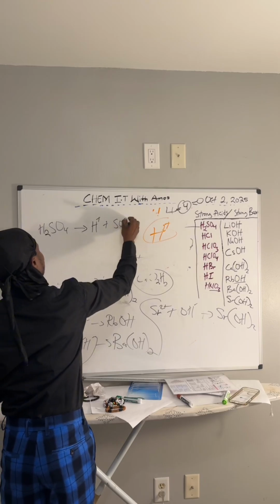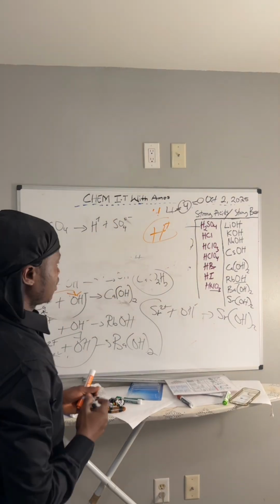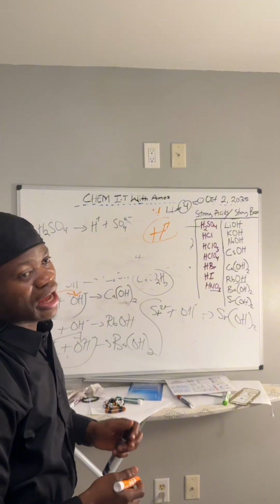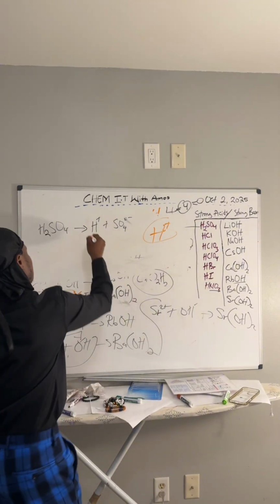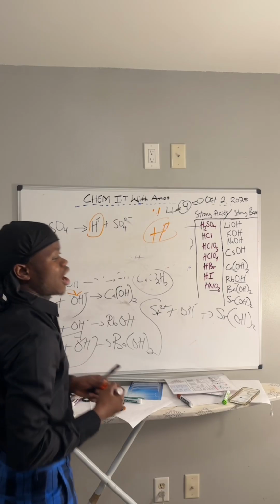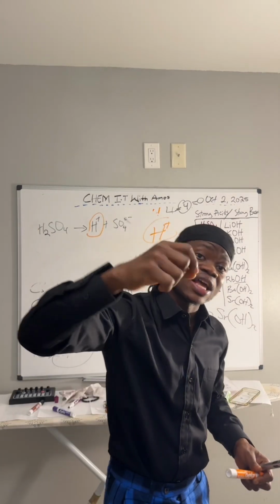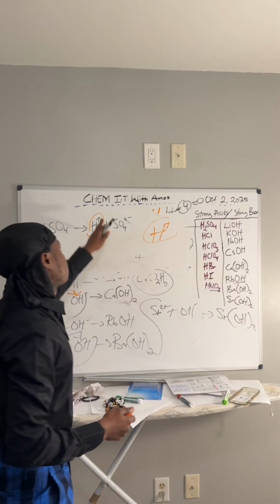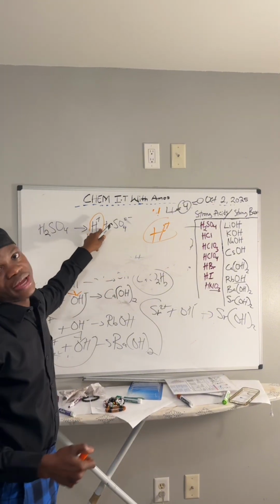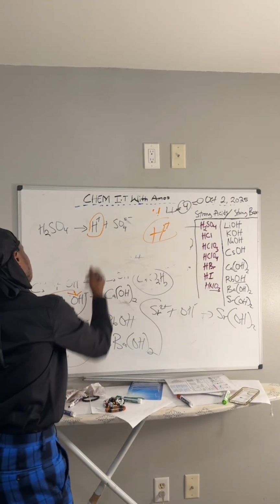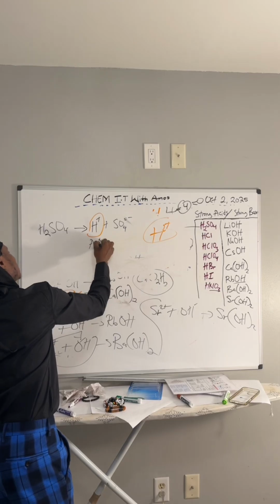So they say identify the hydrous acid in the equation. This will be the hydrous acid because it is an acid that increases the concentration of H plus in water. So you say this is hydrous acid, right?